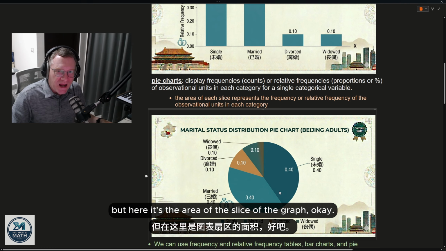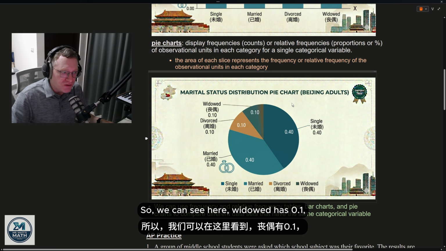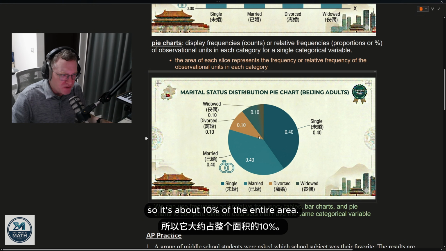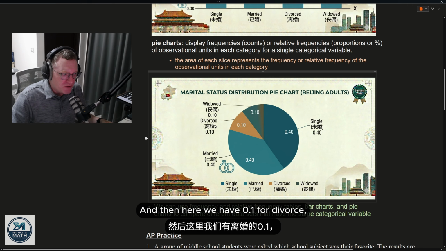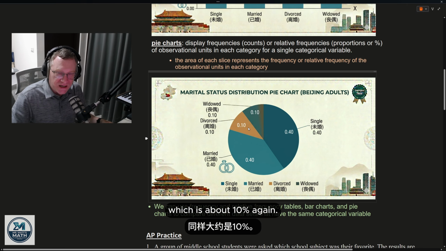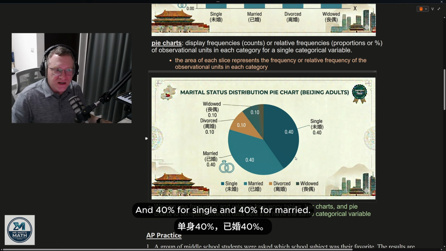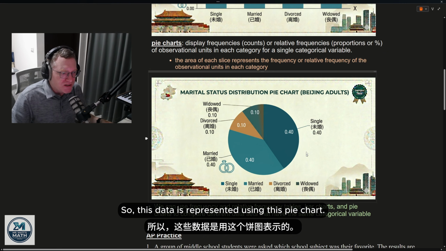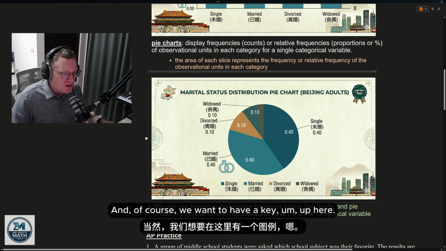But here it's the area of the slice of the graph. So we can see here, widowed has 0.1, so it's about 10% of the entire area. And then here we have 0.1 for divorced, which is about 10% again, and 40% for single, and 40% for married. So this data is represented using this pie chart. And of course, we want to have a key.